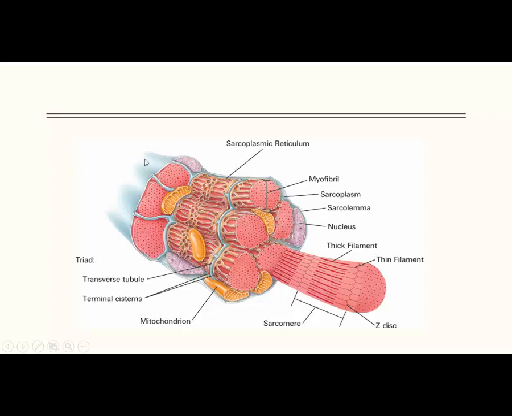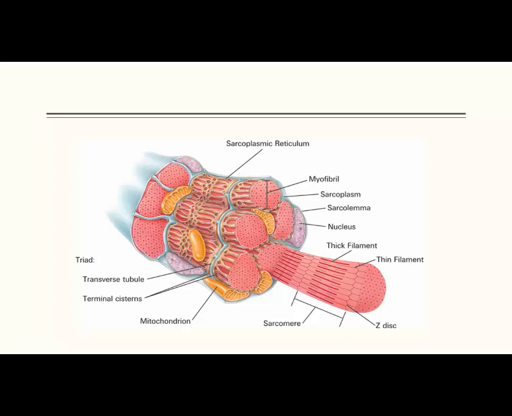The sarcolemma, or the cell membranes, are continuous with these tubules called T-tubules that are going to enter and contain extracellular fluid and end up surrounding the cisterns of the sarcoplasmic reticulum of each individual muscle fiber.